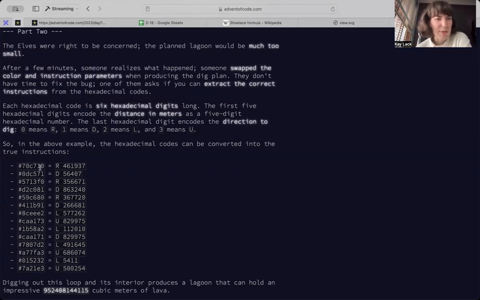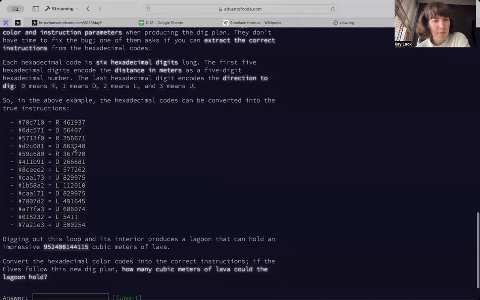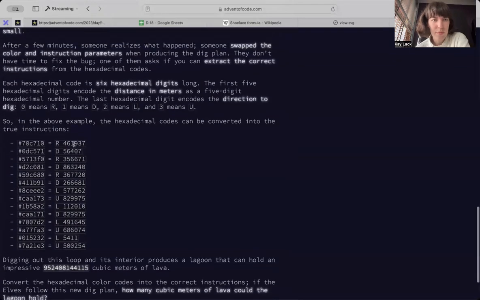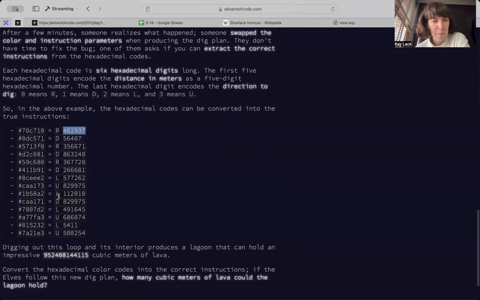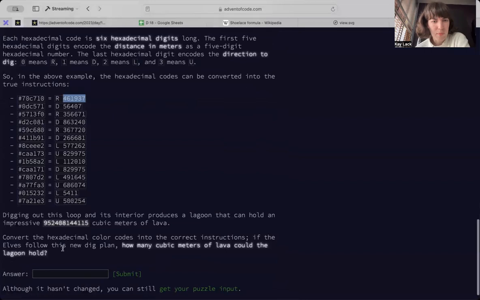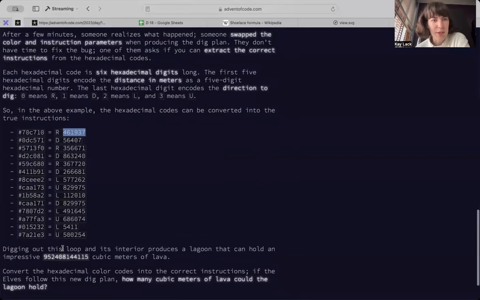First 5. Okay, fine. Right, so we've got to convert this to decimal. All right, well, that doesn't seem so hard.